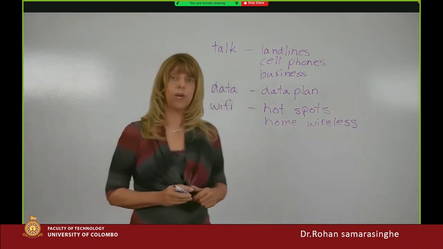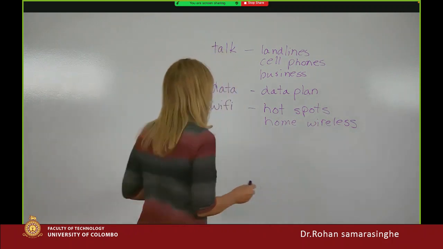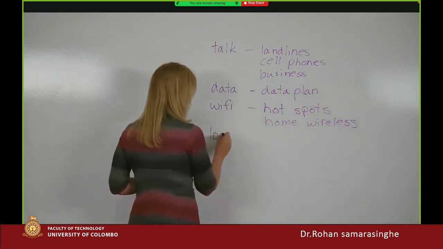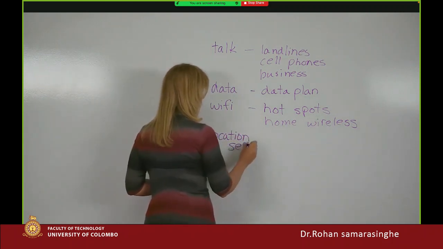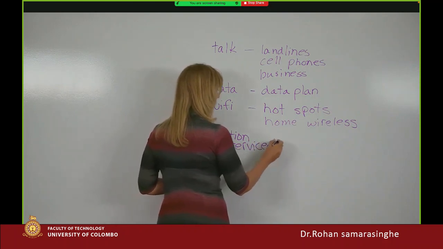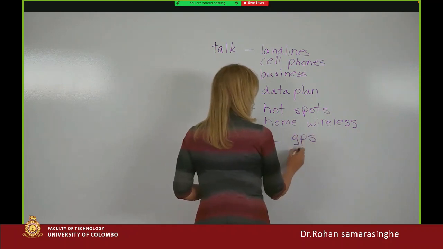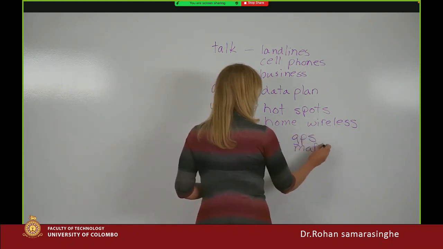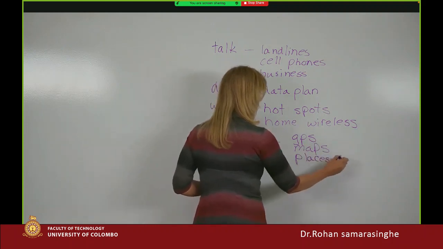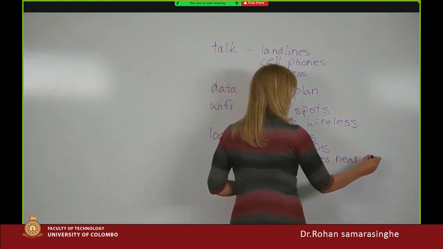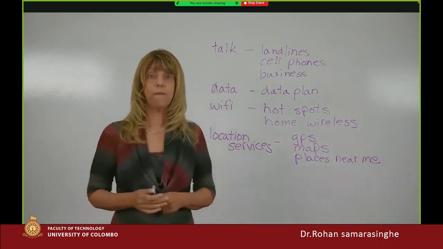Most of us also use our cell phones as a way to get places. We use location services. Location services include our GPS, maps, places near me. And now many of us are also using our cell phones to pay for things.